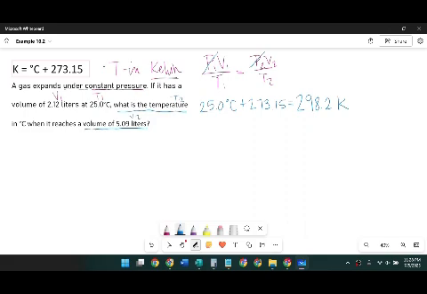So now we're ready to start plugging things in because our volumes are both in liters. That's great. And now our temperature is in Kelvin. So let's plug stuff in. Actually, let's go ahead and solve for the thing that we need. This is the thing we're looking for. So let's take our equation and move it around so that things are already where they need to be.